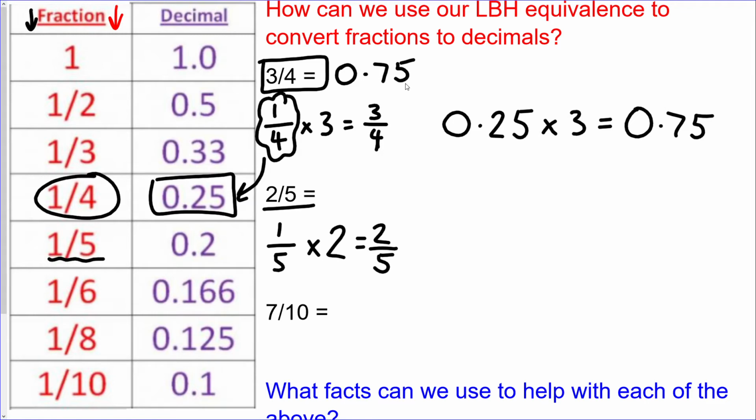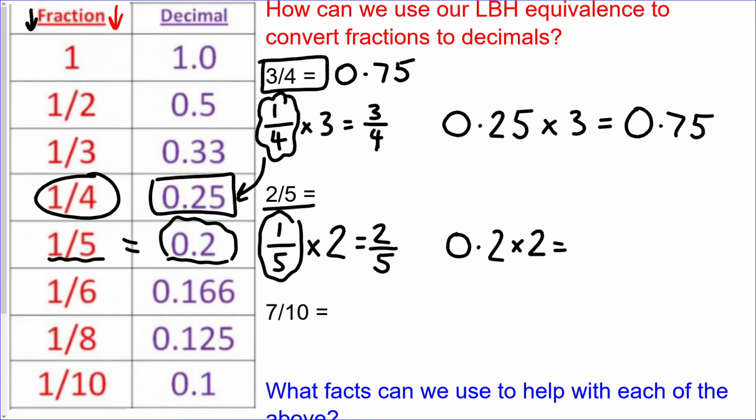I also know that 0.2 is equal to 1/5. So now I can replace my 1/5 with 0.2. I am still going to multiply by 2 because I want 2/5. And 0.2 times 2 would be 0.4. So now I know that 2/5 is also equivalent to 0.4.